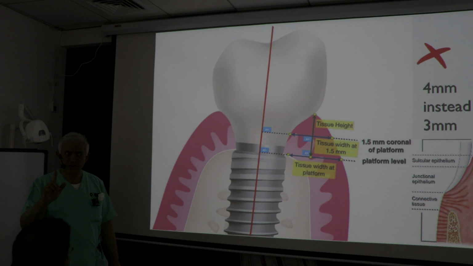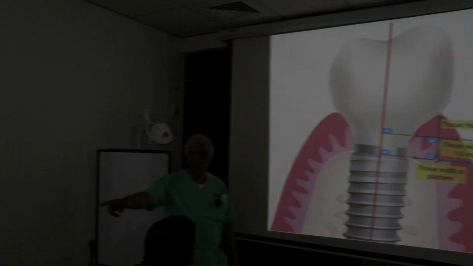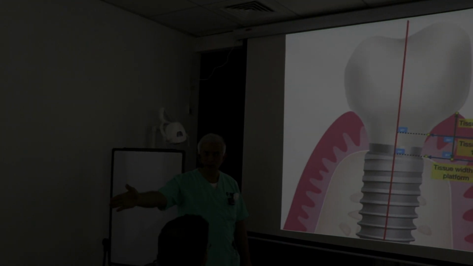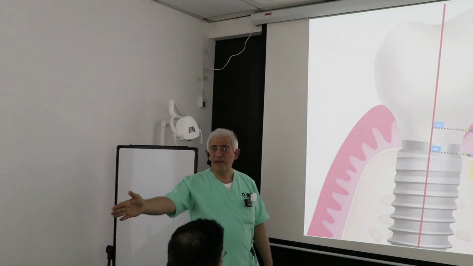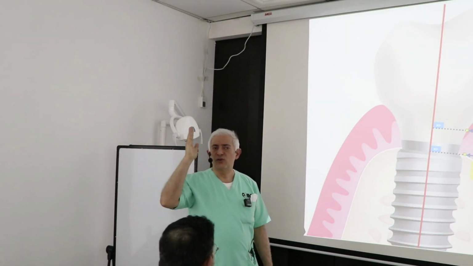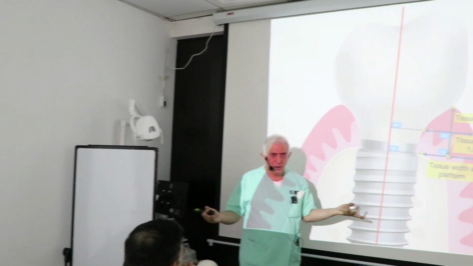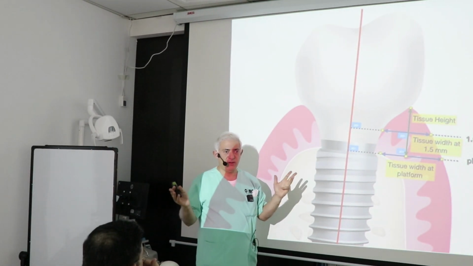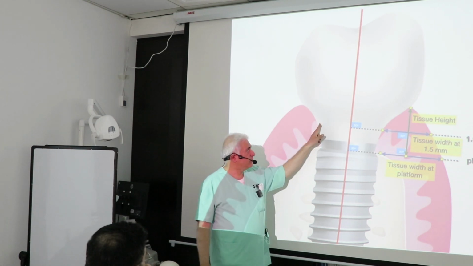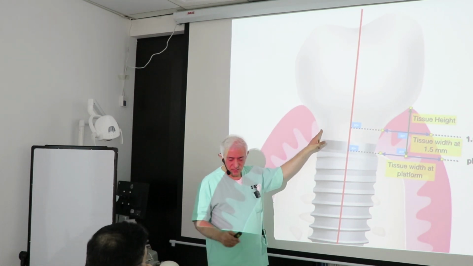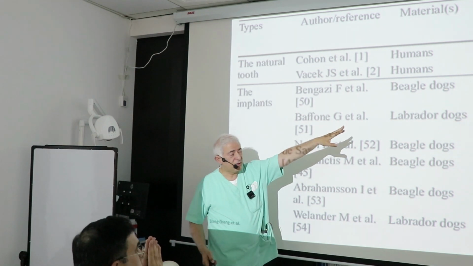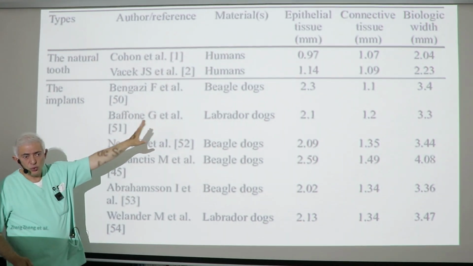Now the question is, his question is important. What was his question? Thick or thin? So if it is thick, you can push more. If it's thin, you can push less. So this part is not related to thick and thin. It's a fixed number. Don't push.